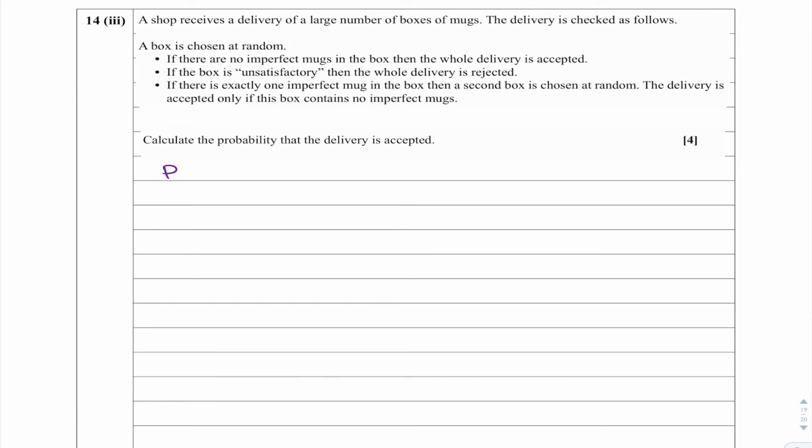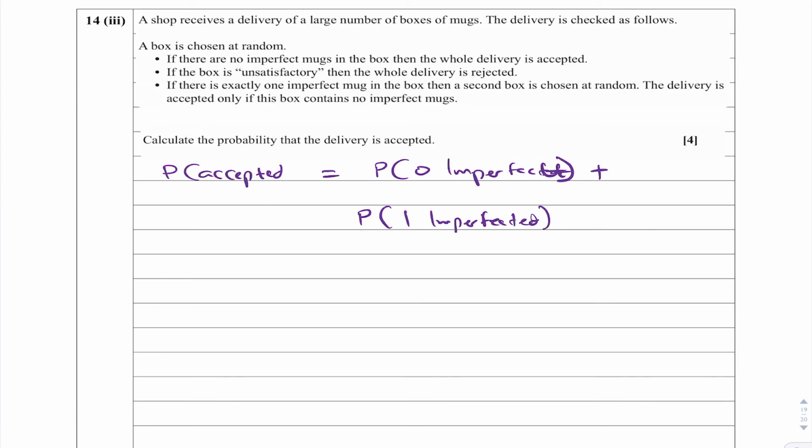So for P of accepted, that will be equal to P of 0 imperfect plus P of 1 imperfect times P of 0 imperfect.